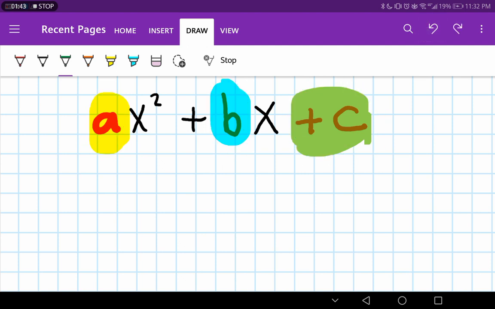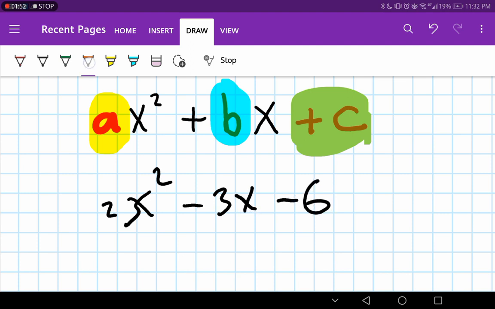Okay, teacher. So if I give you 2x squared minus 3x minus 6, and I ask you what is A, you will tell me it is 2, B is negative 3, and C is negative 6. You have to know A comes with x squared, and B comes with x.